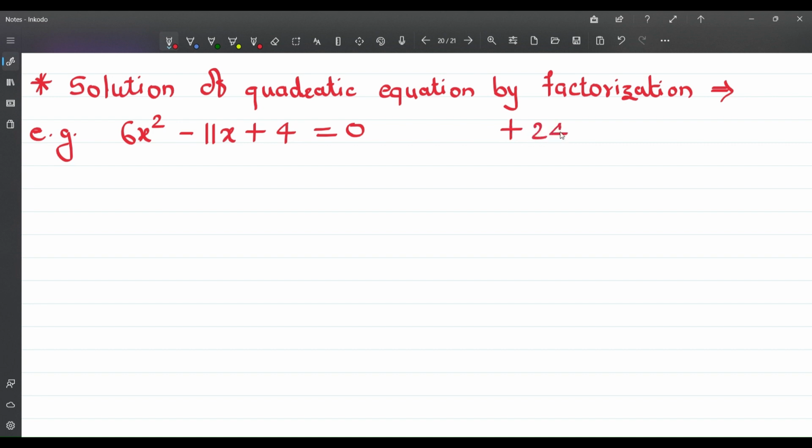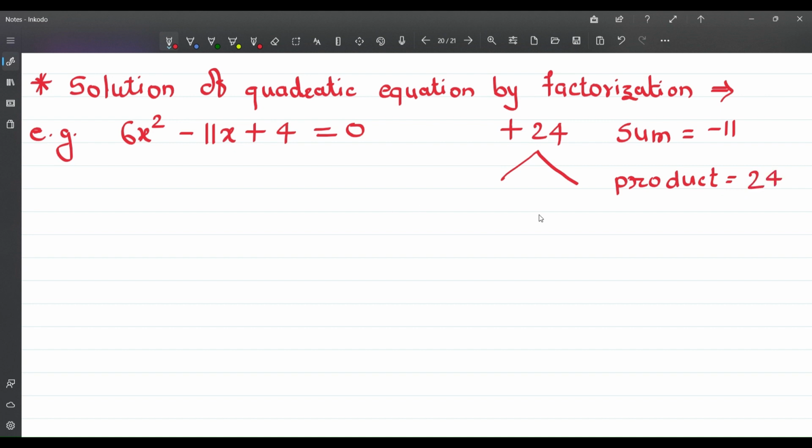Now we have to divide or factorize this plus 24 into two parts such that their sum will be minus 11, that is the coefficient of x, and their product will be plus 24.